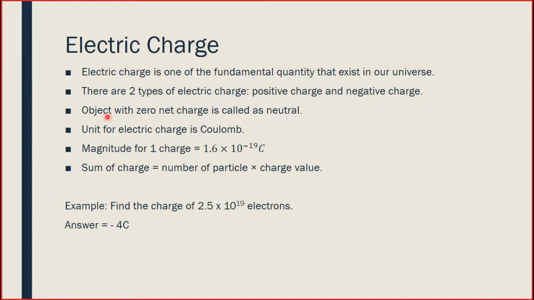Somehow nature developed charge the same way as it developed mass. There is a deeper theory involving fields on how we obtain this, but we are not going to talk about that because our view is only at the SPM level. If you want to know more about how we get the fundamental quantity of charge, we need to go deeper into one of the modern theories in physics.